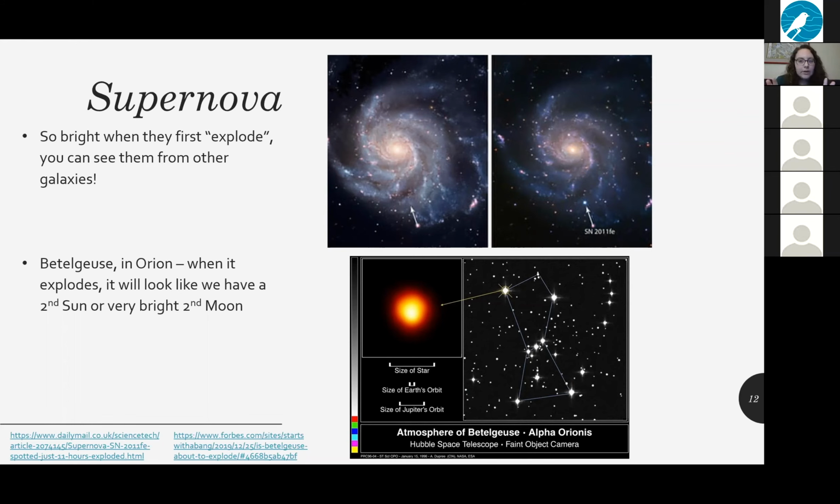So, kind of the in-between there. And like I said, it wouldn't be like having a second sun in that it wouldn't help plants grow more or something. It's just going to appear like from Star Wars, Tatooine, it's going to look like we have two suns for about a month or two, and then it'll kind of start to fade away.